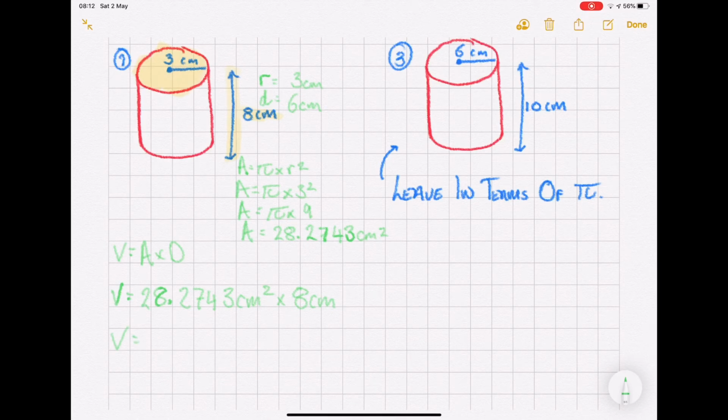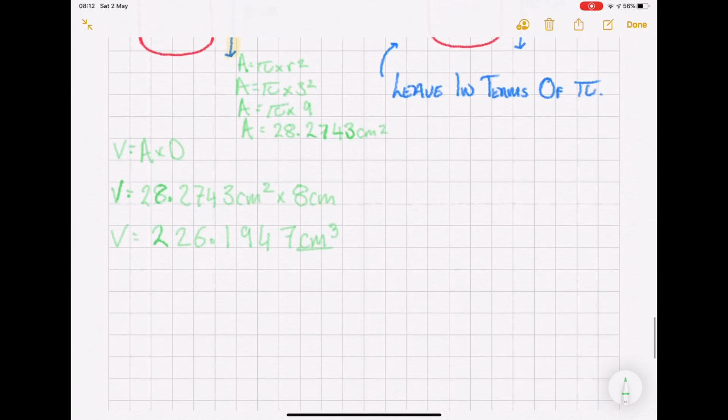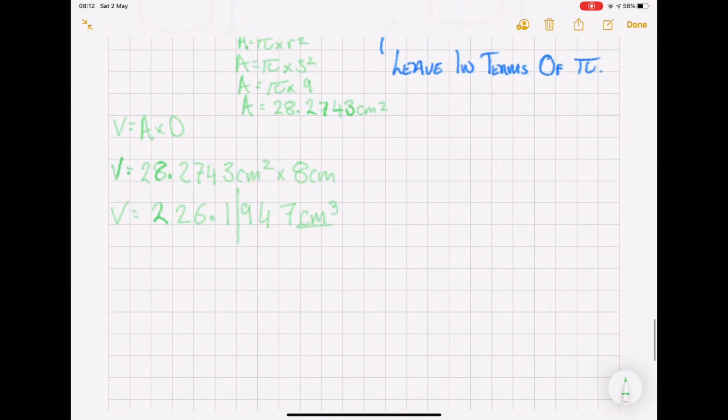If we do that, we end up with 226.1947 centimeters cubed. Remember, centimeters cubed. Let's take this to 1 decimal place. So we cut it off there. If that number's 5 or larger, we round this number up. So our final volume to 1 decimal place is 226.2 centimeters cubed. That's our final answer.